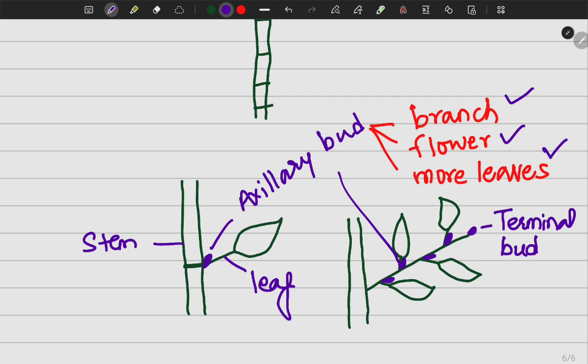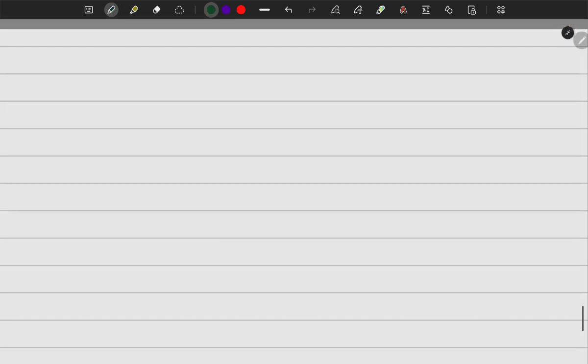Alright. Now, if we look at the stem, a young stem is generally green. Young stem is generally green in color.